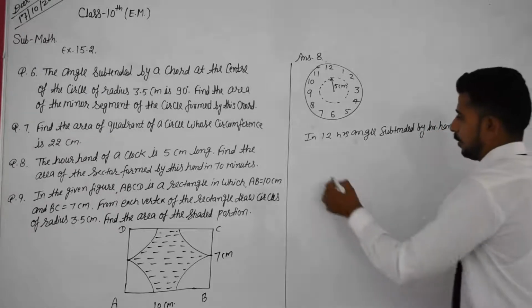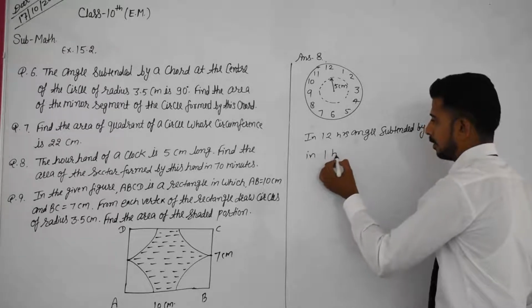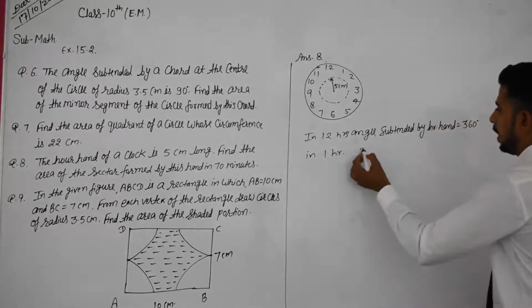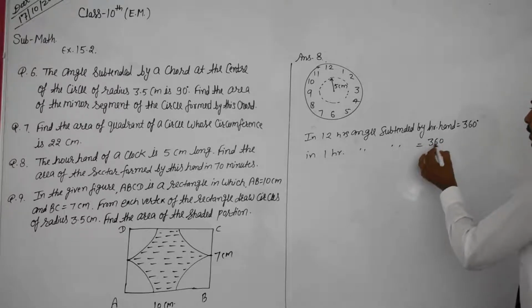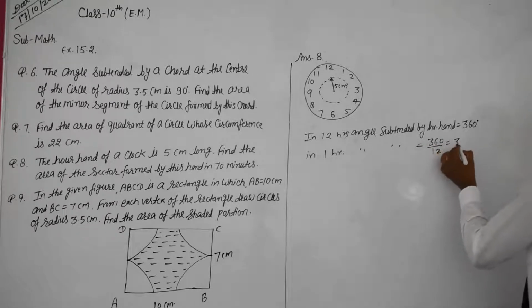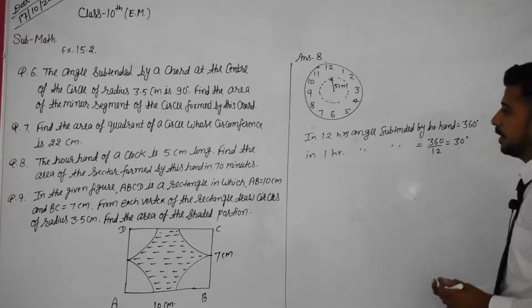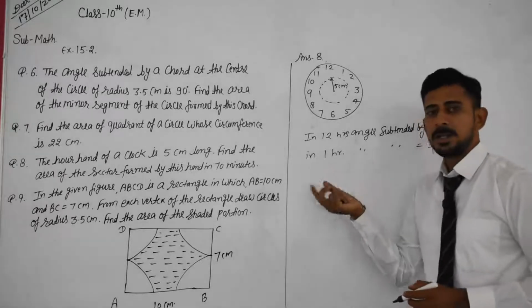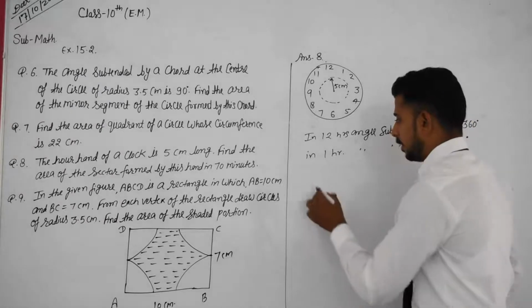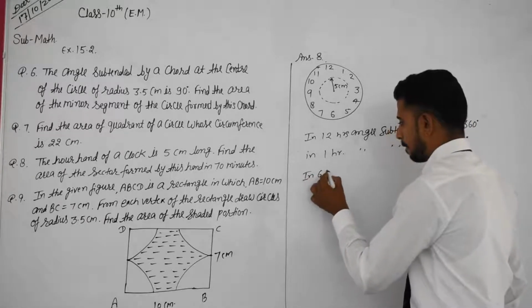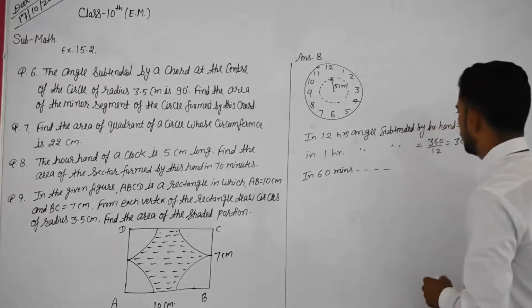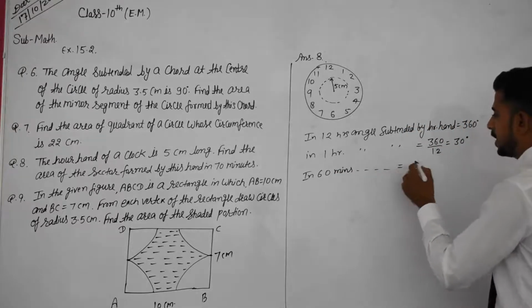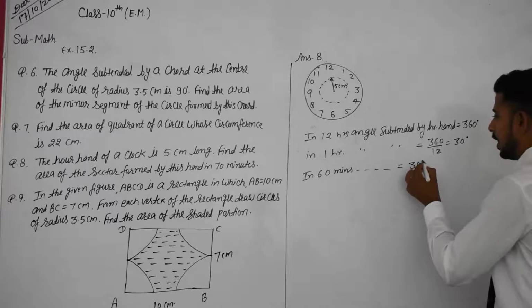Then in 1 hour, the angle subtended by this hour hand is equal to 360 upon 12, which means 30 degree. We can say in 1 hour, 60 minutes, the angle subtended by this hour hand is 30 degree.